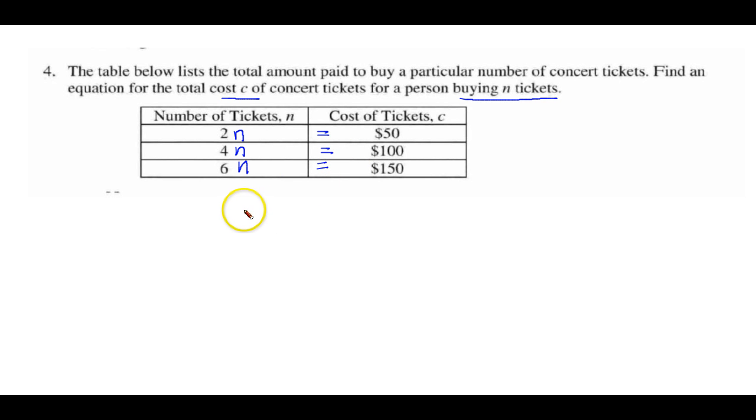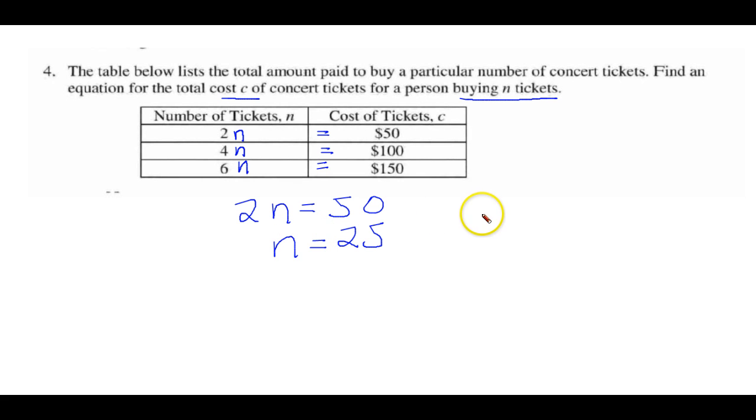So can you see what is the value of n? Well, we can solve any one of these. Divide both sides by 2. N is 25. So 4n is 100, yes.